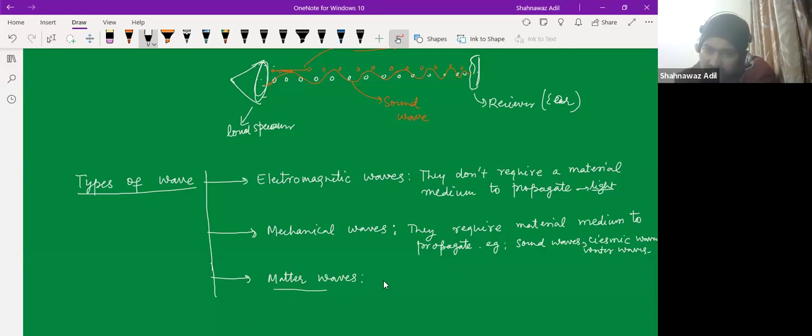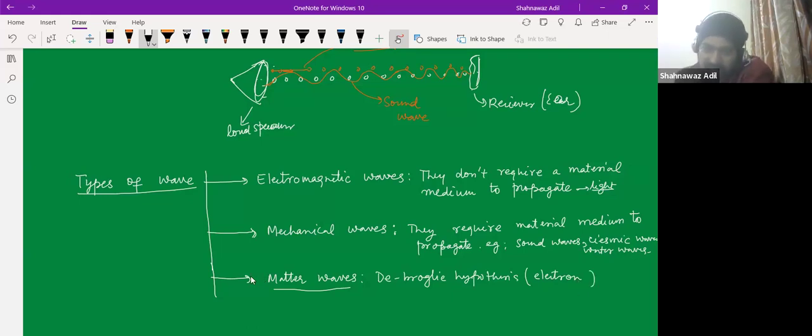And then this matter wave is generated due to the de Broglie hypothesis. These are shown by electrons and protons, so waves are generated by the movement of those electrons.